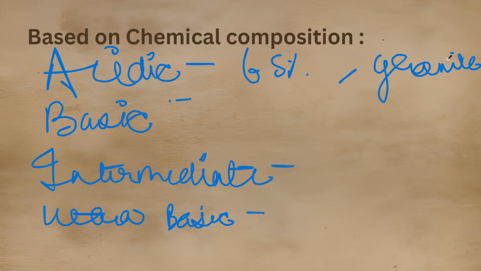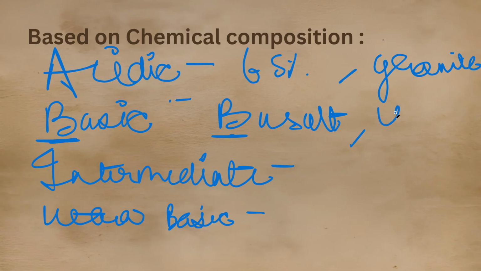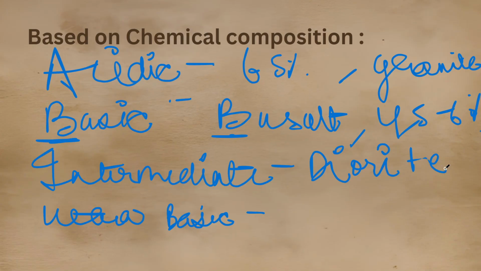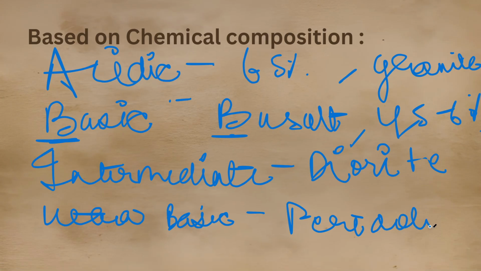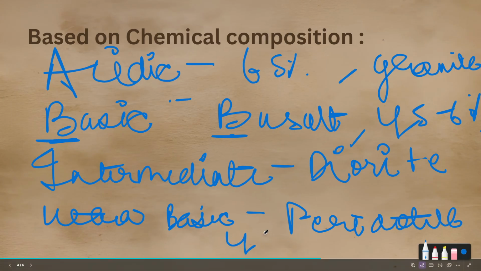More silica, more acidic. Simple. Basic: our example is basalt. B for basalt. You can learn this way. Silica is 45 to 60%. Iron is very high. Intermediate: diorite. That means neither too acidic nor too basic. And the ultra basic: peridotite. Silica is present less than 45%. This is how it goes.